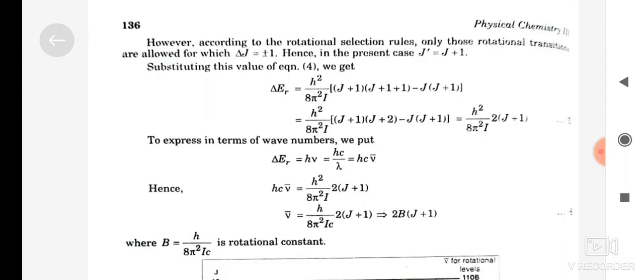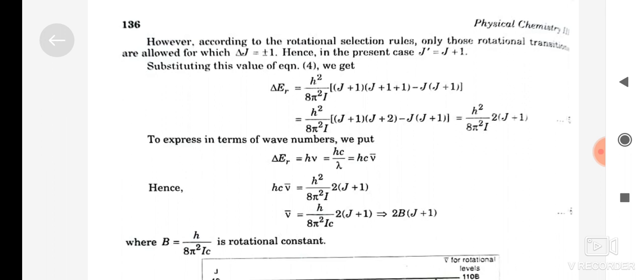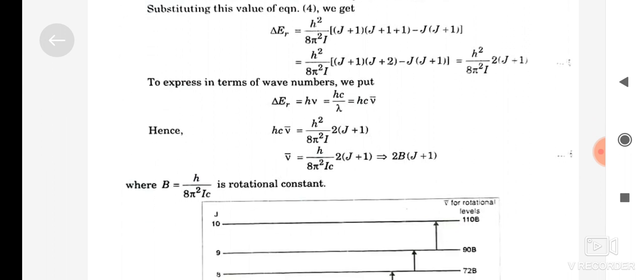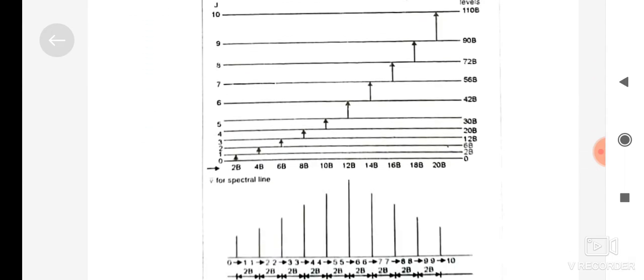To express this in terms of wave number, we put del E is equal to h nu, that is equal to h c upon lambda, and that is equal to h c into v bar. So finally v bar is equal to 2B into J plus 1, where B is equal to h upon 8 pi square I c, the rotational constant.